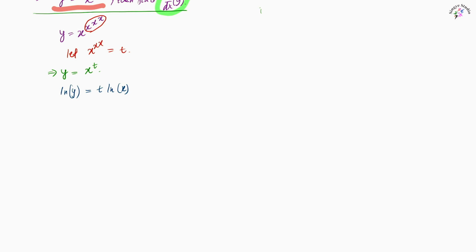By differentiating this, we will get 1 over y times dy upon dx equals this one. We have to use the product rule, so it will be t times 1 over x plus ln x times dt over dx. Here dy over dx and dt over dx I will denote as y prime and t prime.